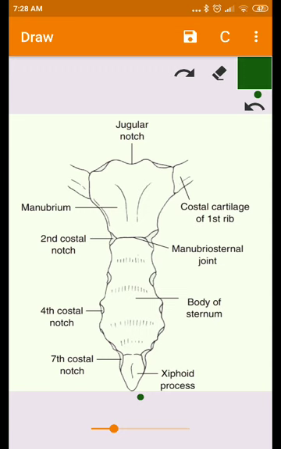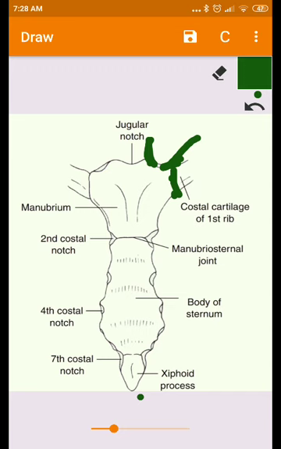So here the manubrium is articulating with the first costal cartilages, that is the first rib, forming the first sternocostal joint, the sternochondral joint with the first rib, and then it is articulating with the clavicle to form the sternoclavicular joint.